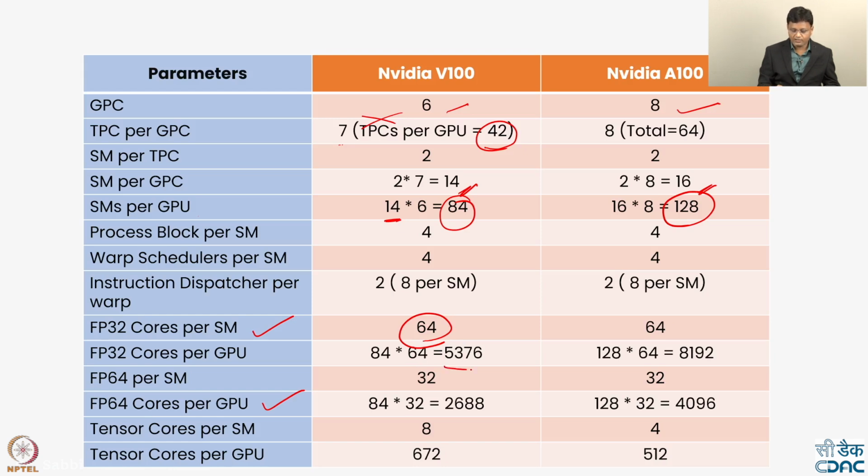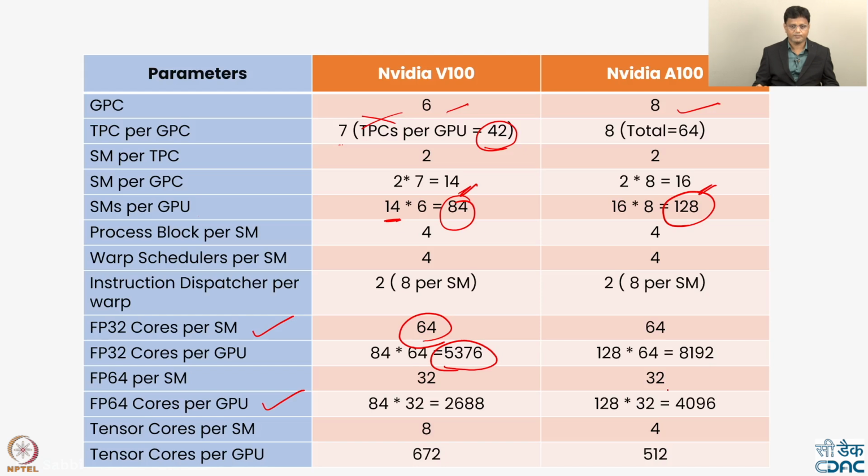So you will get 5376 FP32 compute cores per GPU, and if I look at the A100, there are 8192 FP32 cores present. Now look at FP64 per SM.